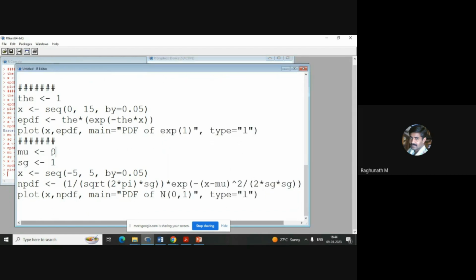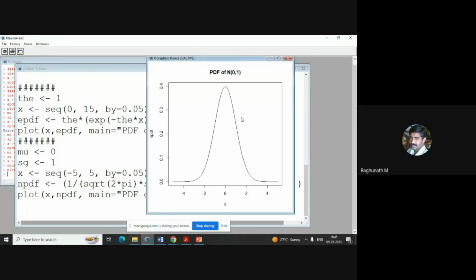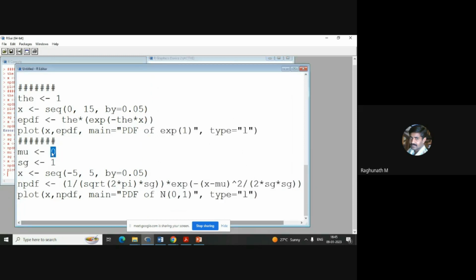Now let me keep this sigma as same, but if I make a change in mu, then let me see how that graph will look. Okay. So clearly in this graph, if you see, it is symmetric about 0. Okay, if I take mu equal to 1 and sigma, I will retain it as 1 only.